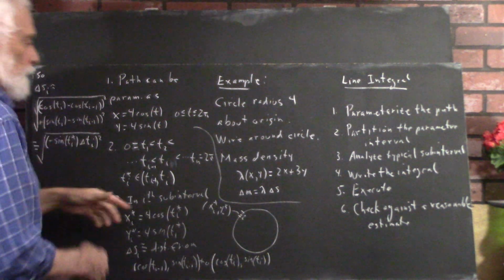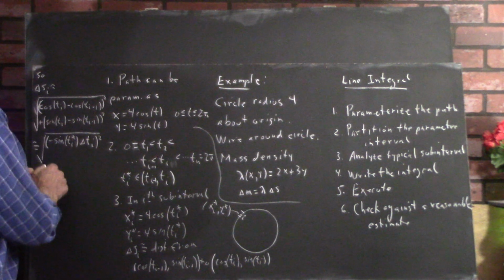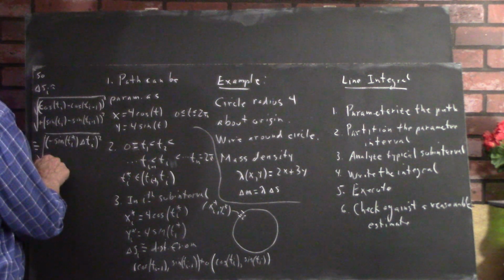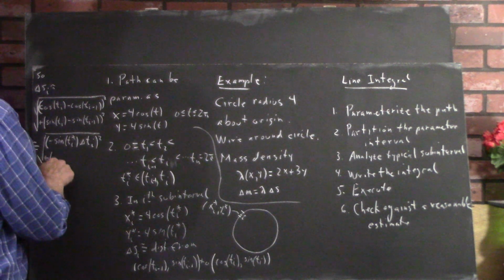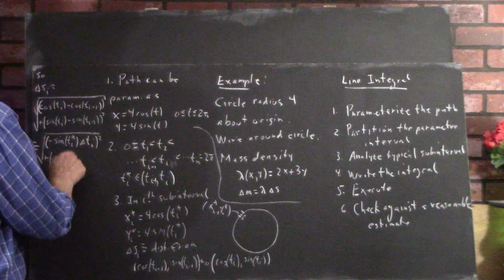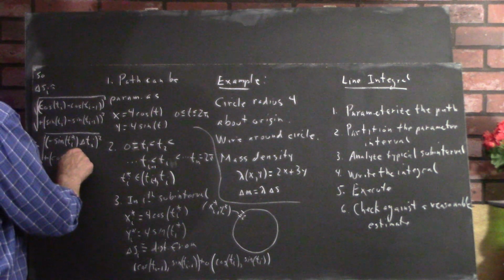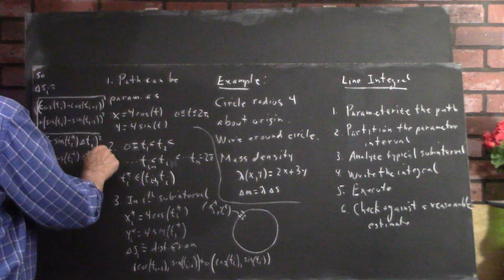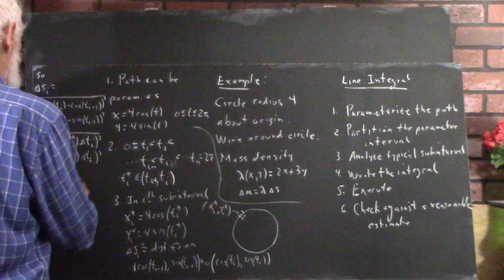And that's part of your Pythagorean theorem, okay? And then you do the same thing with the sine. The derivative of the sine is the cosine. So you have this.